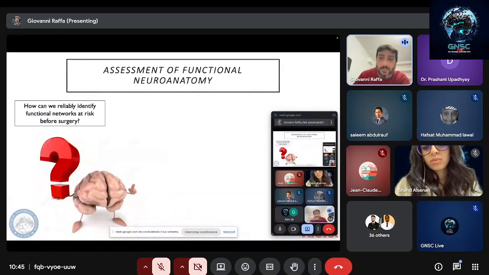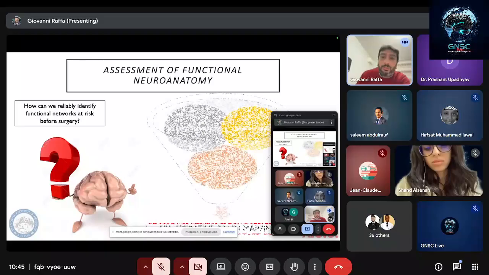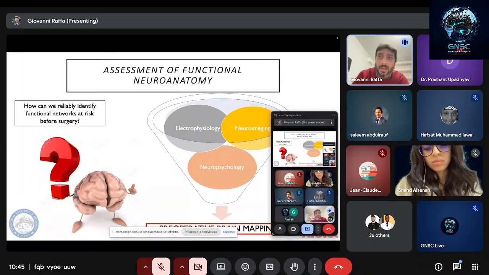Today in 2026, we have some tools to perform a mapping of the eloquent areas before surgery, to be more confident, faster and quicker during surgery in locating the eloquent structures that we want to preserve.